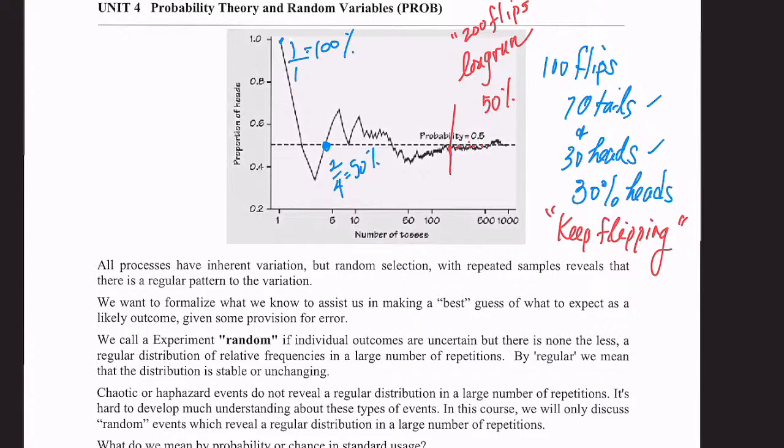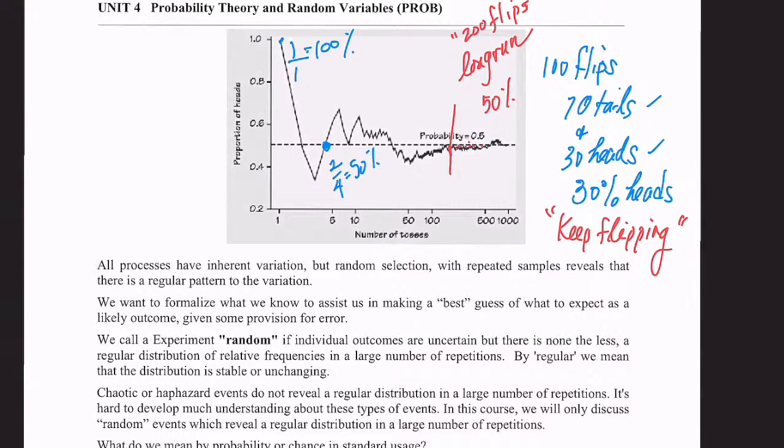So we think of probability, now we can define probability in this way as long run relative frequency, okay? Because we're taking the percentage of so many flips, right? So this is 2 of 4, this was 1 of 1, and here would be 100 out of 200.